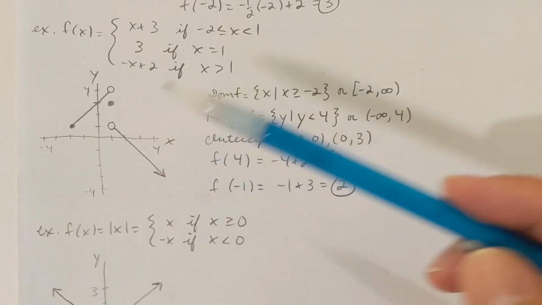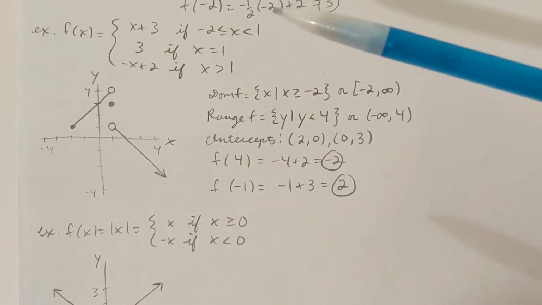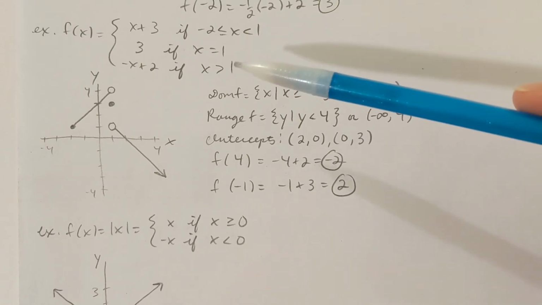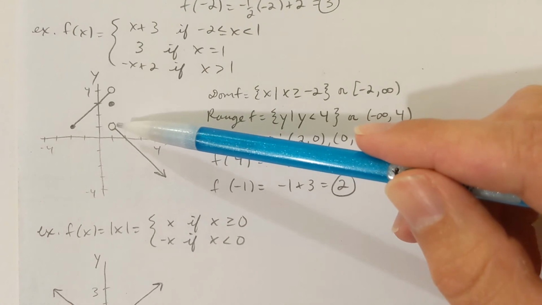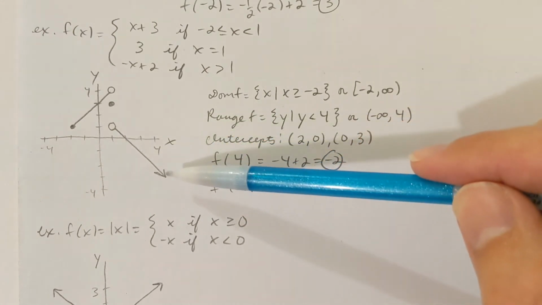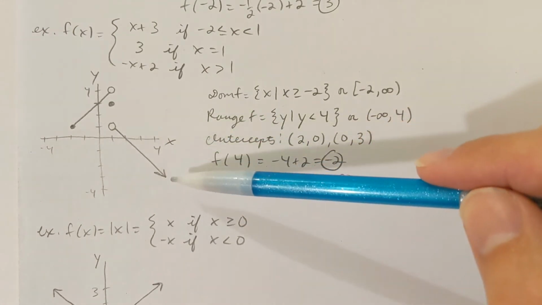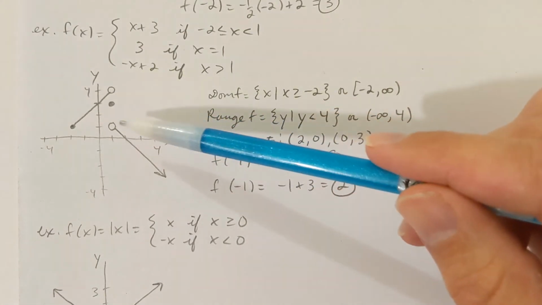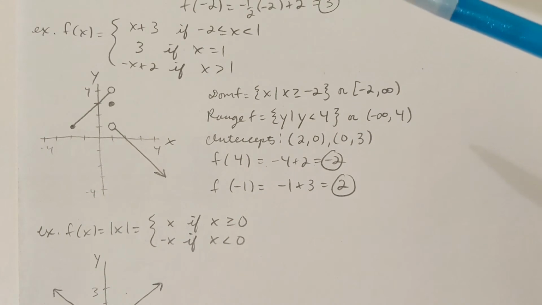Okay, and I want that part of the line, y equals negative x plus 2, to be represented for when x is greater than 1. So here's 1. Anything that's bigger than 1 needs to be on this line. Anything that is 1 or less, I would have to erase if I drew that.